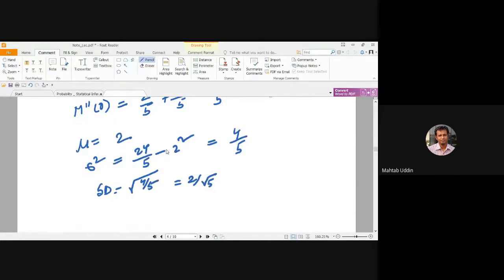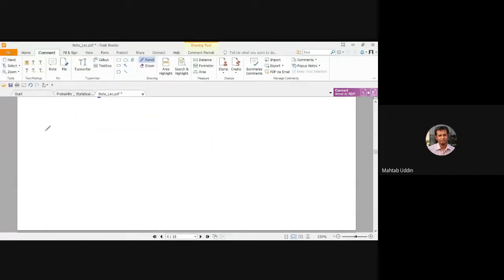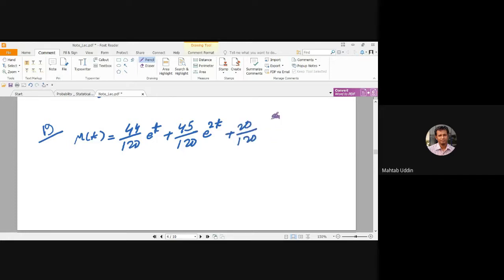Actually, this probability mass function number 19, it will be M(t) is equal to 44 by 120 e to the t plus 45 by 120 e to the 2t, 20 by 120 e to the 3t plus 10 by 120 e to the 4t plus 1 by 120 e to the 5t.